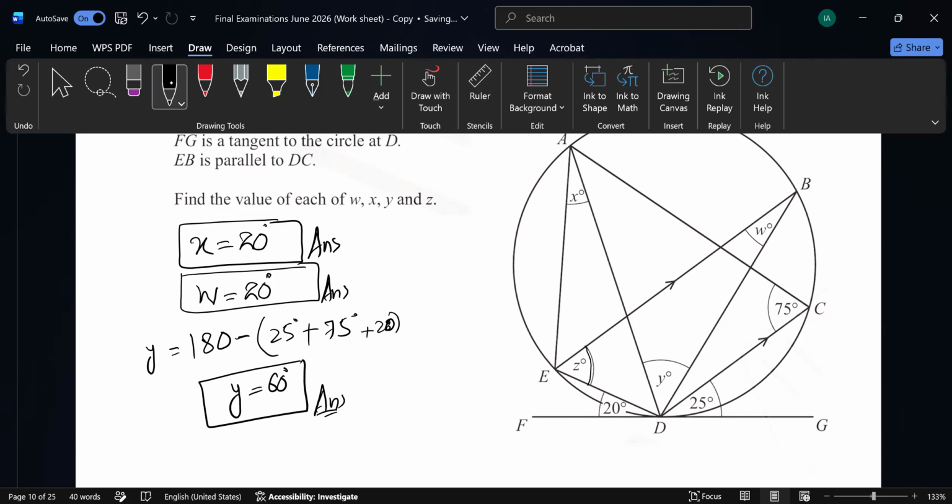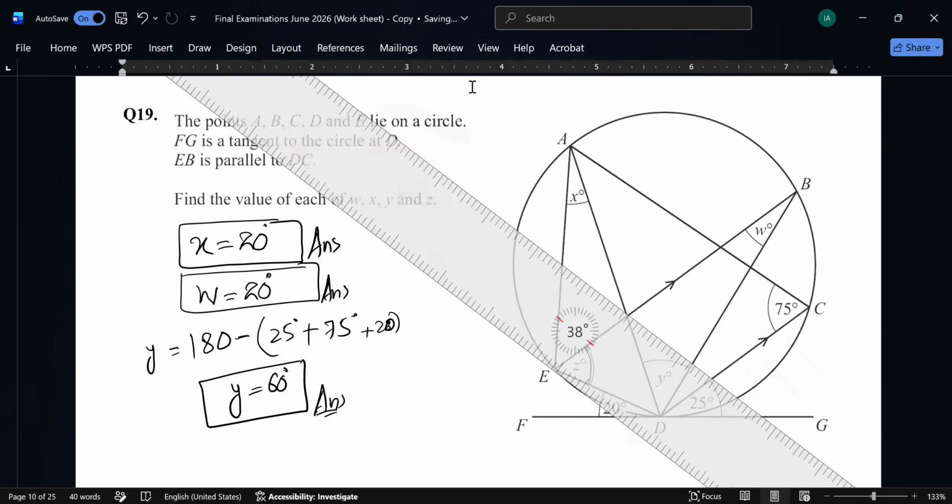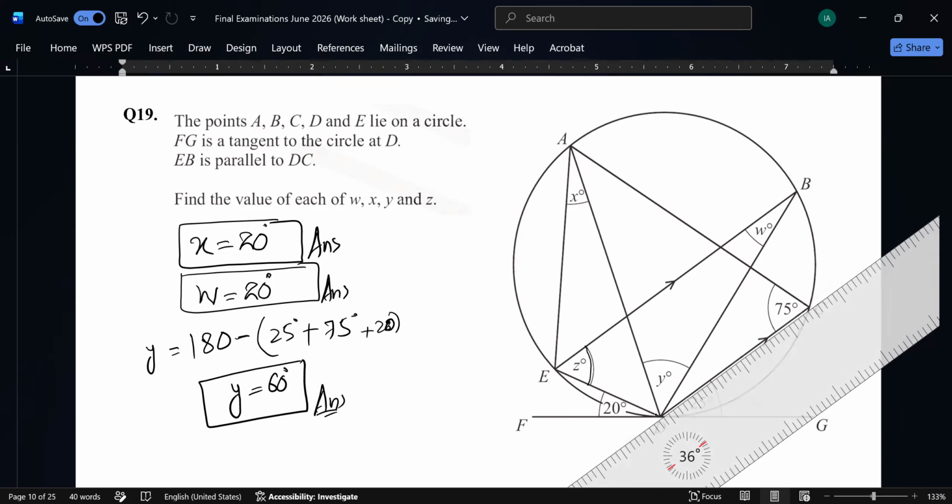For the z, I'm going to draw a line here. If you look carefully, I hope you can see this line.